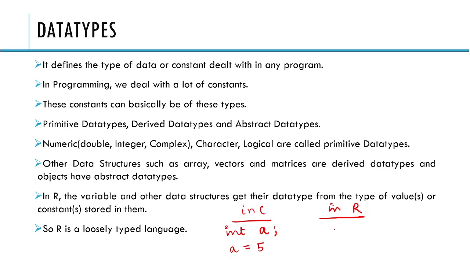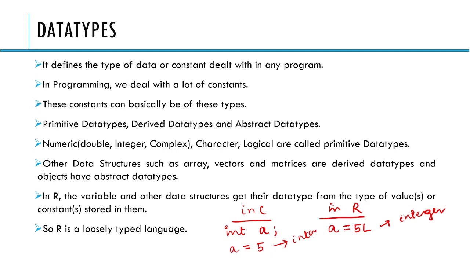In case of R, you directly write a is equal to 5 so that a can have 5 directly. So now here a is an integer. You don't need to declare int a.